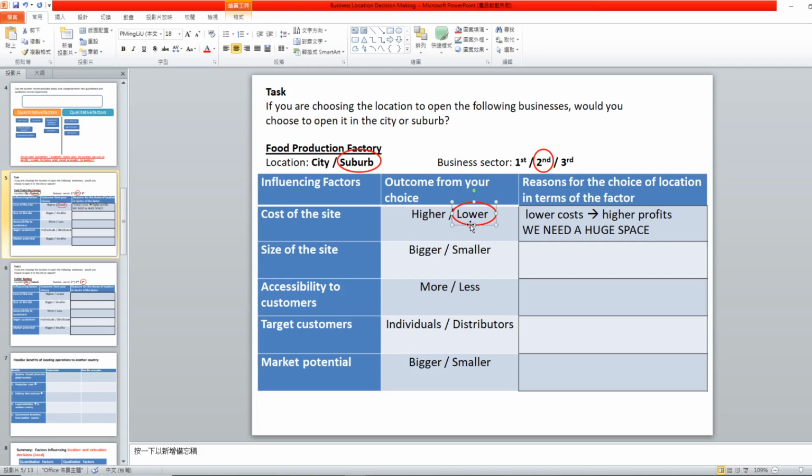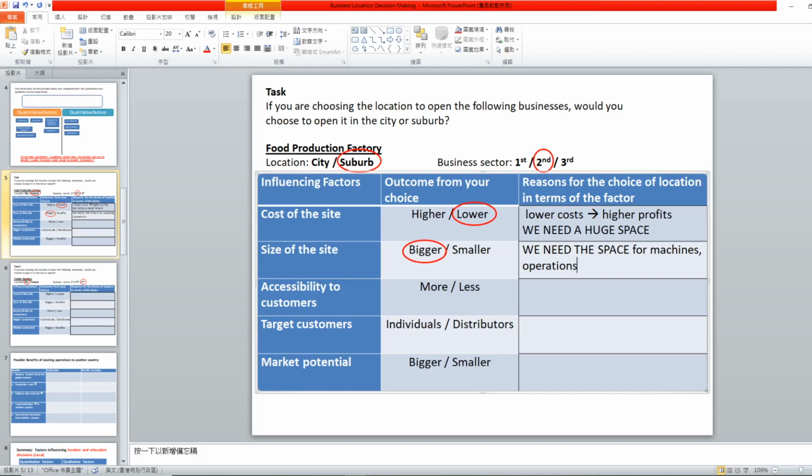Well, Matthew. Bigger. Right. Because of that, the size of the site should be bigger, because now we're aiming for this. Same reason, because we need the space for operations, for machines, operations.